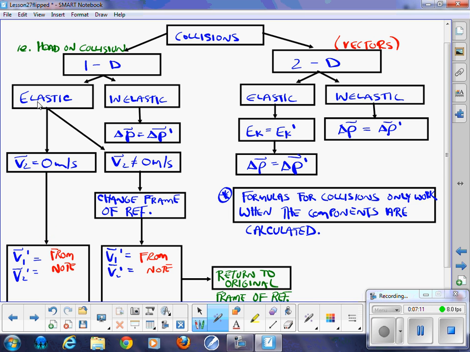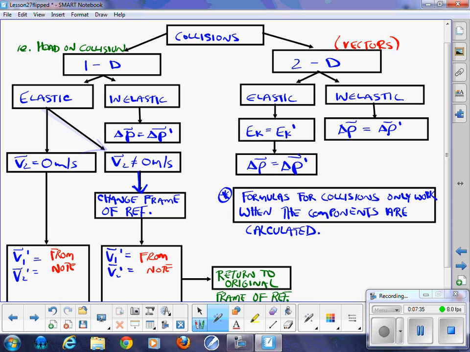If that velocity is not 0, then we go into the next column, which is the same as an inelastic situation. Or sorry, it's not the same. There's no connection here. That's the dead end for an inelastic. So just be careful with that. If V2 is not equal to 0, then we need to change the frame of reference.